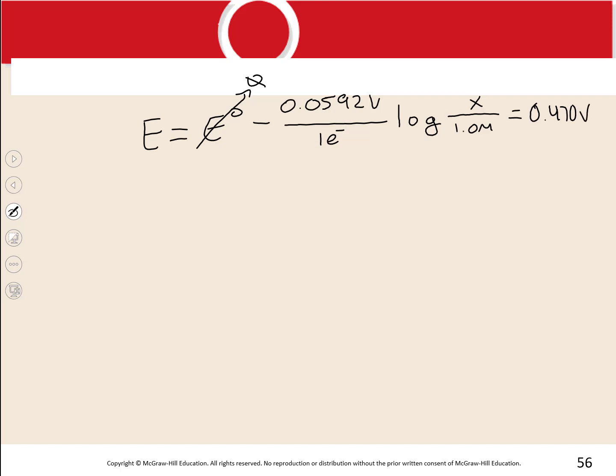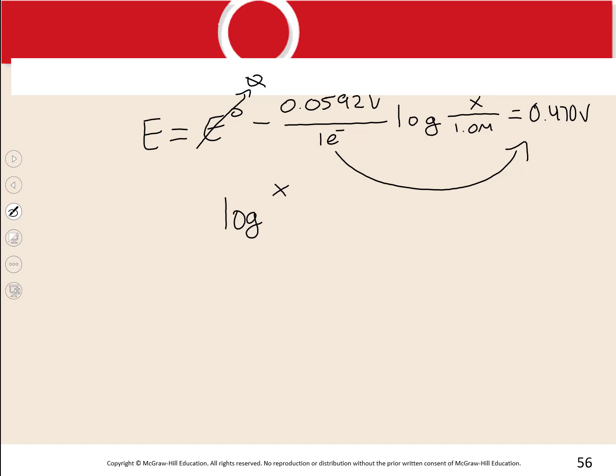So at this point, we need to solve for x. Bring this to the other side.